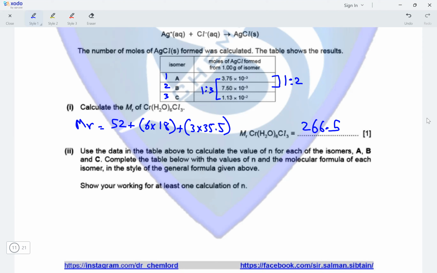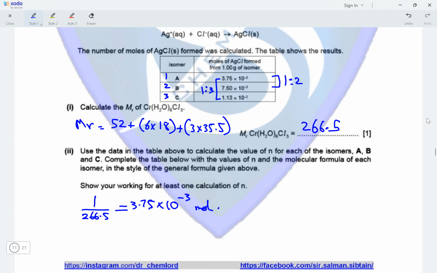So if we have 1 gram of a sample and we divide it by 266.5, we end up with a mole value of 3.75 times 10 to the power of minus 3. So 1 gram of the sample is equal to 3.75 times 10 to the power of minus 3 moles of the complex.